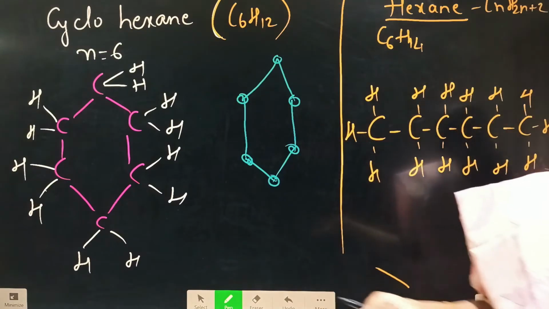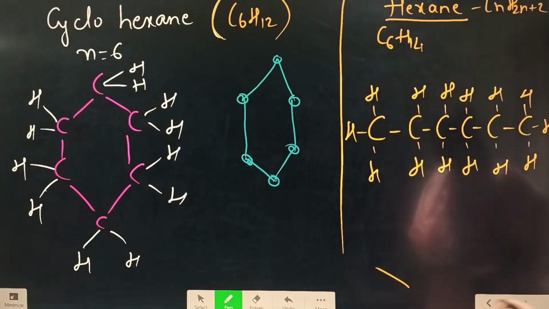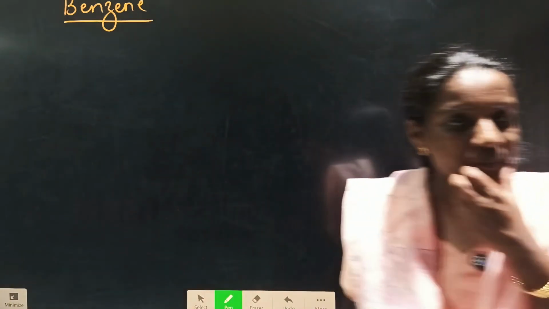Then coming to alkenes. Alkenes are very important, and the most expected question for you is benzene. Okay, benzene. So what is this benzene? How many carbon atoms will be there?